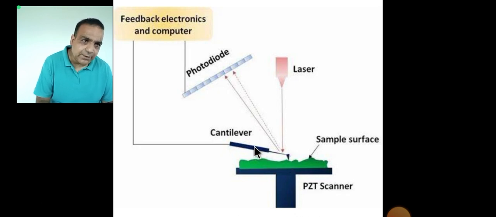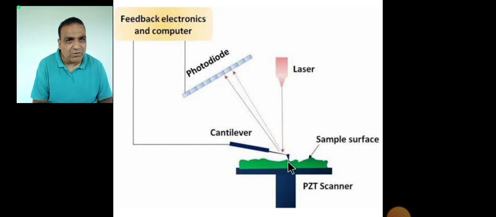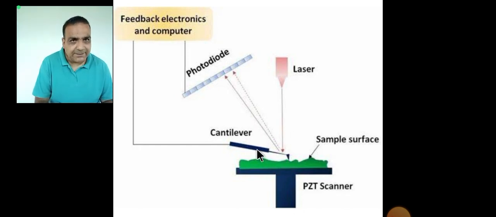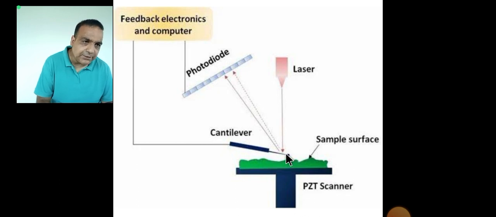The cantilever is made of flexible material such as silicon or silicon nitride kind of materials are used in manufacturing this cantilever. And then the sharp tip is brought very close to the surface of the sample, typically within a few nanometers.